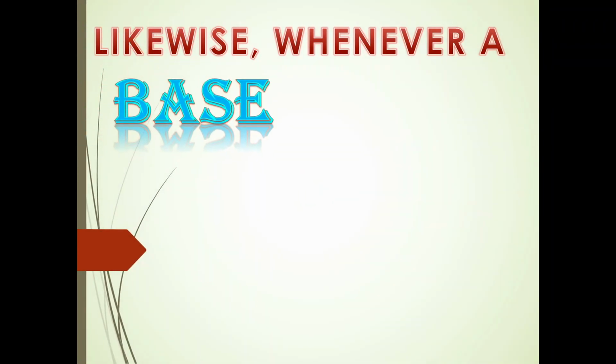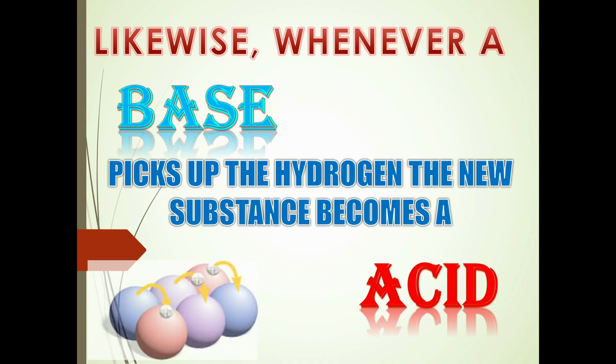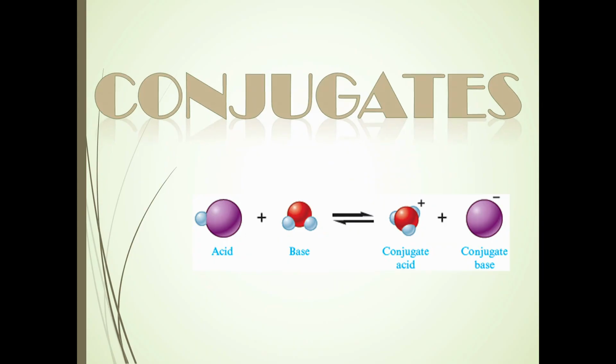Likewise, again, if it's not a strong base, when a base picks up that hydrogen, the other half that it leaves behind is an acid. So acids turn into bases, bases turn into acids when we have a reversible reaction. These are referred to as conjugates. An acid plus a base makes a conjugate acid and a conjugate base.